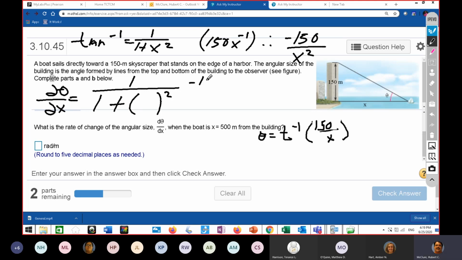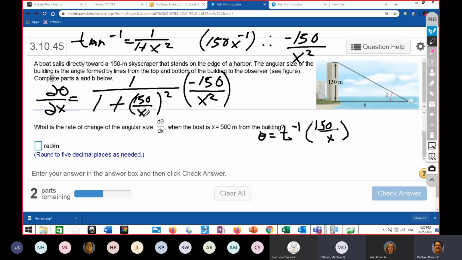And negative 150 over x squared out here. And that 150 over x goes right here. And when you simplify that, let's see, I simplified it and got it down to, wait a minute, I didn't simplify that part. I just got negative 150 over 150 squared plus x squared.